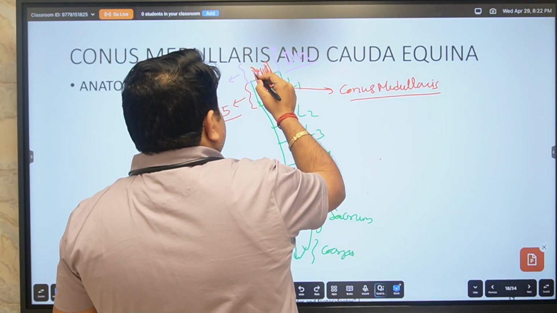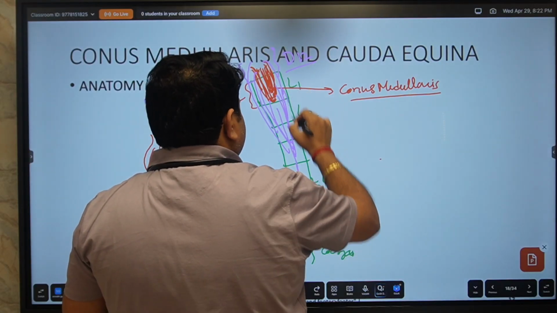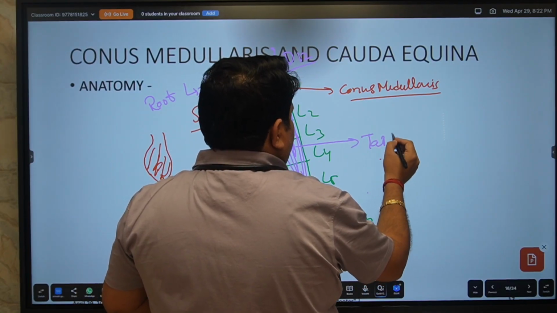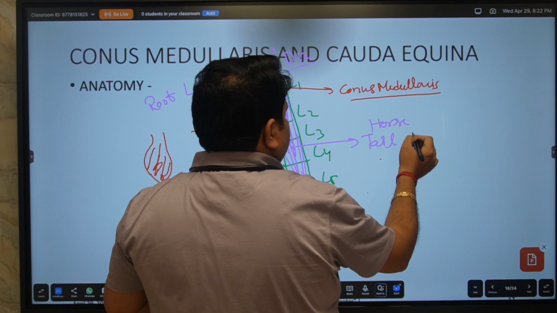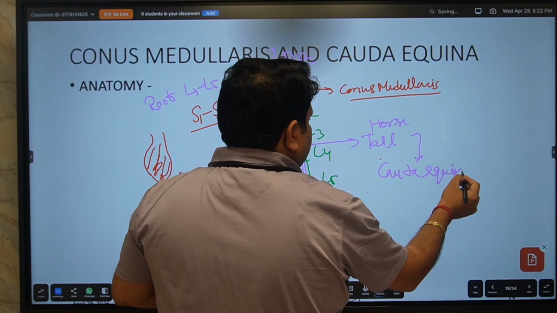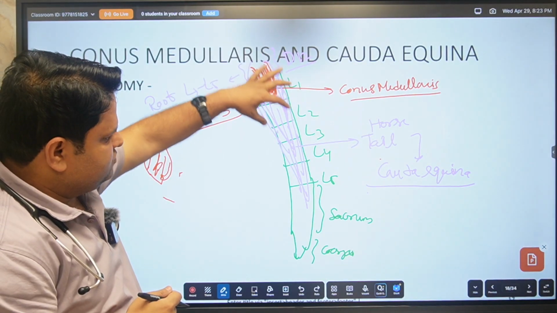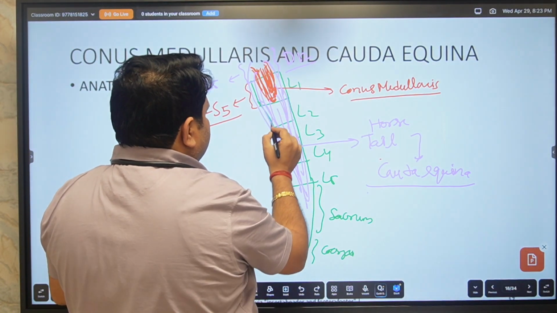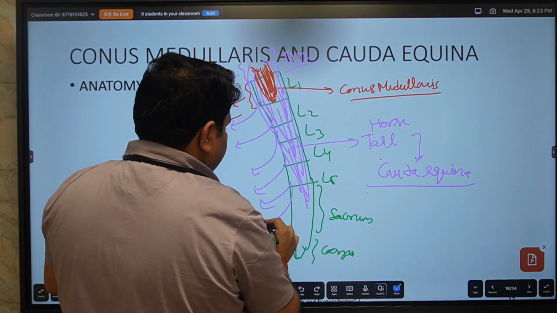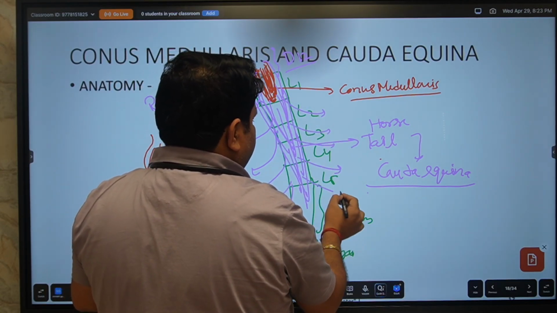After this, these roots, L1, L2, L3, L4, L5, S1 to S5, form a horse tail-like structure. This is called the cauda equina. This tail-like structure has roots from L1 to L5 and S1 to S5, and these roots come out at the level of the subsequent vertebrae and supply our lower limbs.